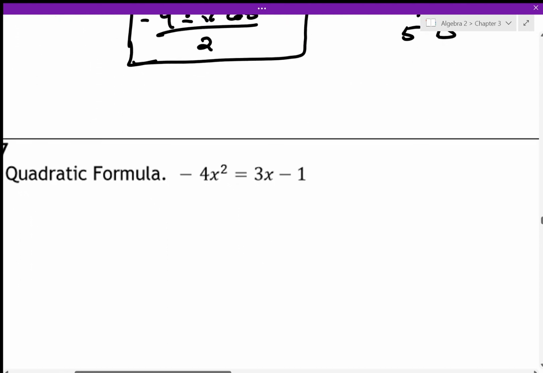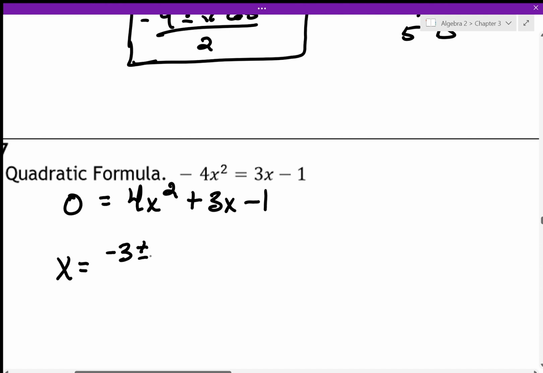27. We need to get this guy equal to 0, so I'm going to add that quadratic term over, and I'll have 0 equals 4x squared plus 3x minus 1. I'm going to plug straight into the quadratic formula. Negative b is going to be negative 3 plus or minus the square root of 3 squared minus 4 times negative 1.